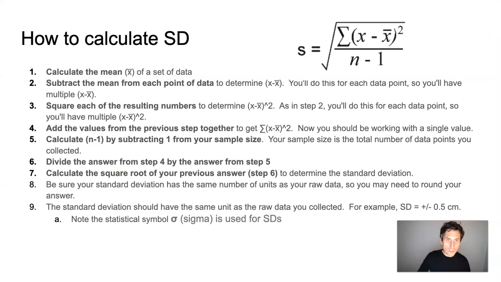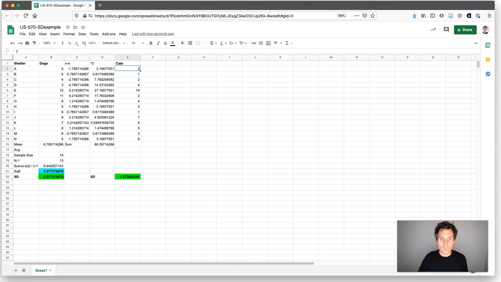Now, in order to calculate the mean of our set of data, we simply add up all of the observations that we have for any one particular variable, such as dogs or cats, and then divide by the total number of observations. In our data set, the mean happens to be 6.7 for dogs. So at any one shelter, we would expect to find something like 6 to 7 dogs. This makes a certain amount of sense.